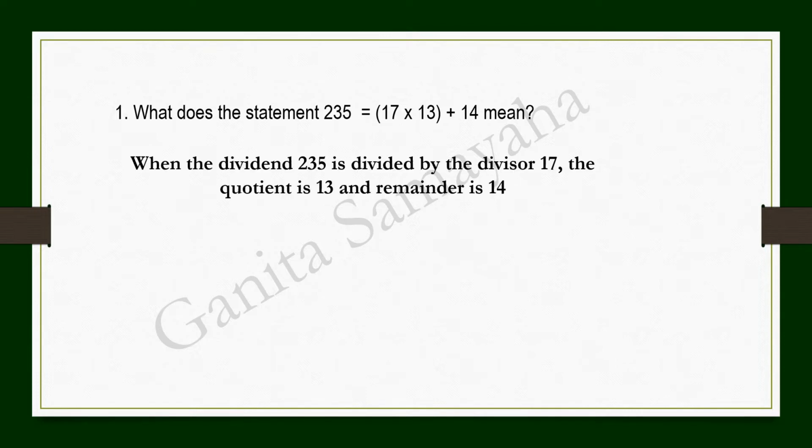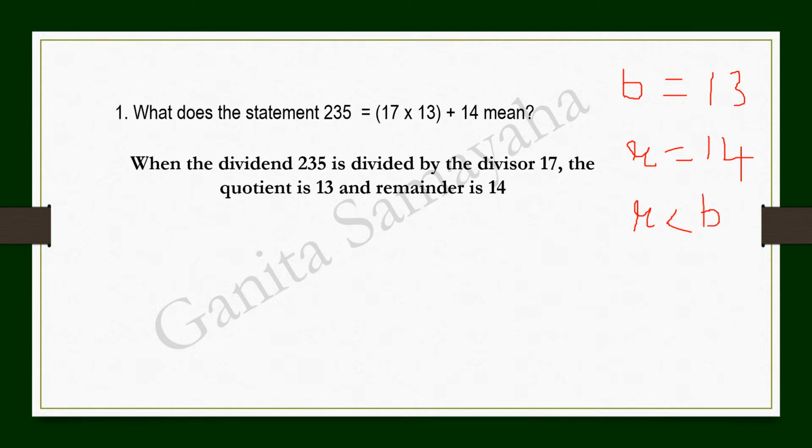Very simple. We just write it as when dividend 235 is divided by the divisor 17, the quotient is 13 and remainder is 14. Children, can we write it the other way? Can we have the divisor as say 13 here and then you are given the remainder to be 14? So can we consider 13 as our divisor, children? No. Why? Because we have the condition that the remainder must always be less than the divisor.